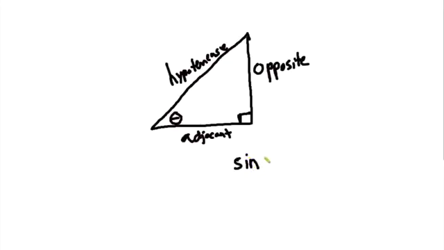Now, we have three definitions here: sine theta, cosine theta, and tangent theta. The best way to remember these is this thing called SOHCAHTOA.